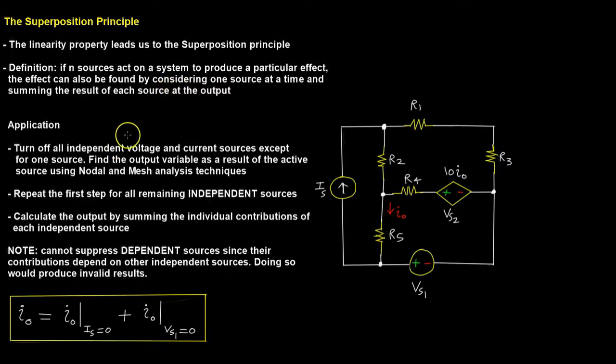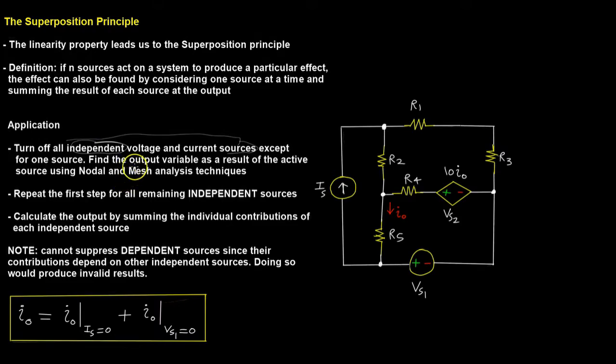How would you actually apply this to, let's say, this circuit? What you would do is turn off all independent voltage and current sources. The keyword is independent. Except for one of the sources, either current or voltage, you want to keep just one on at a time.